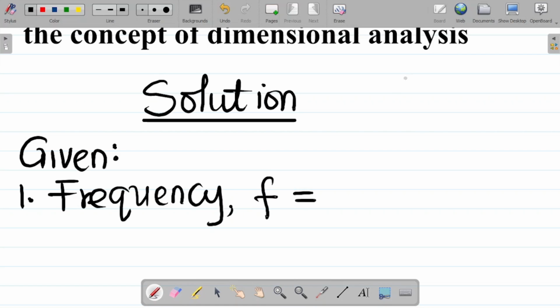Recall that frequency is equal to 1 over period, that's time, which is equal to T to the power minus 1. So the dimension of frequency is T to the power minus 1. So f is equal to T to the power minus 1, this being the dimension of the frequency.